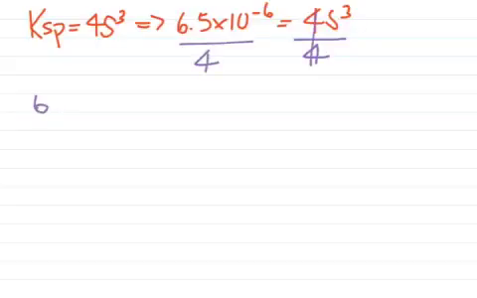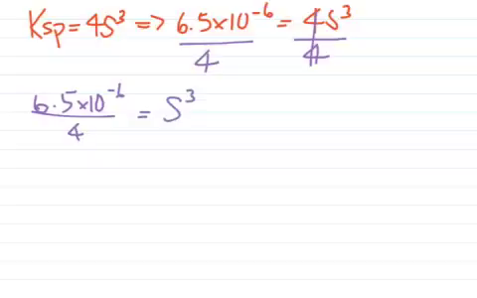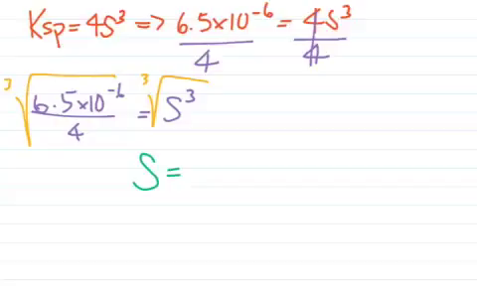So I have 6.5 times 10 to the minus 6 all over 4 is equal to s cubed. And then I'm going to cube each side to give me s, our solubility, is equal to 1.2 times 10 to the minus 2 molar.